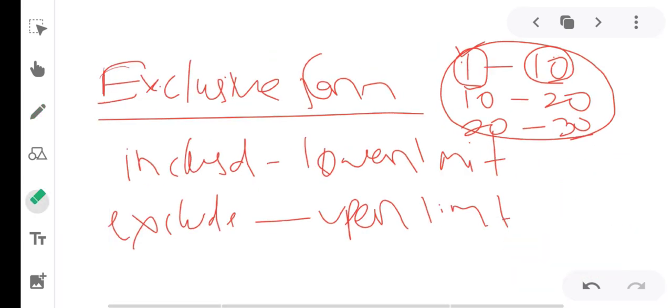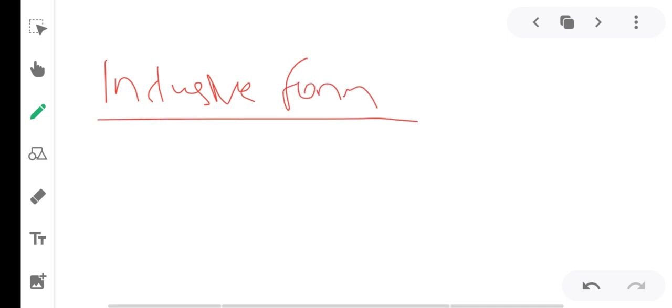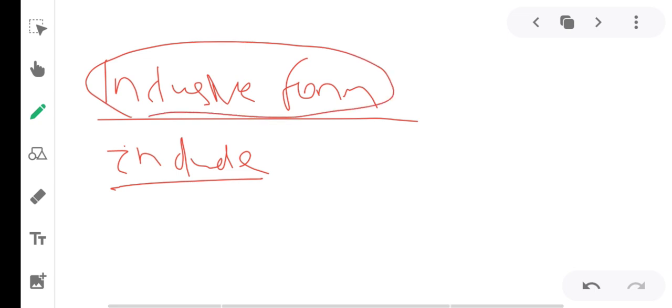Then the other form of grouped frequency distribution is inclusive form. Inclusive form will include both the upper limit and the lower limit.